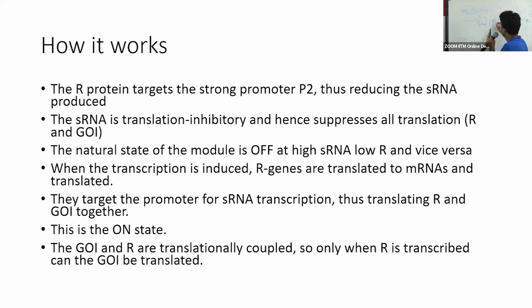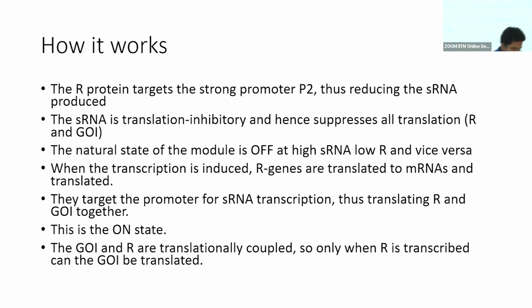Further, the repressor is translationally coupled to the GOI. So if the repressor is being translated, it means that the GOI will also be translated and hence expressed. So that is what we call the on state. And the minute we take the inducer off, the repressor is no longer produced, so the sRNA will start getting produced. And as I said, the sRNA can completely block the translation, which means it will be an immediate off situation for our gene of interest.